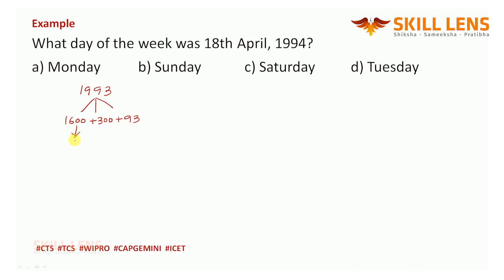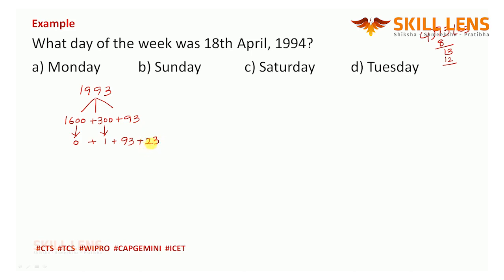So 1600 has 0 odd days, 300 has 1 odd day, and 93 years will have 93 odd days, plus how many leap years were there? You have to divide 93 by 4. 4 2s are 8, 4 3s are 12. So it's going to be 23.